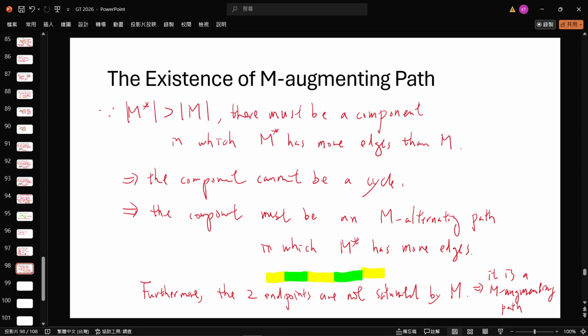There must be one component in which we have more yellow edges than green edges. So that component itself is an M augmenting path. This shows that whenever the matching you have is not the best, there must be some augmenting path waiting to be discovered.